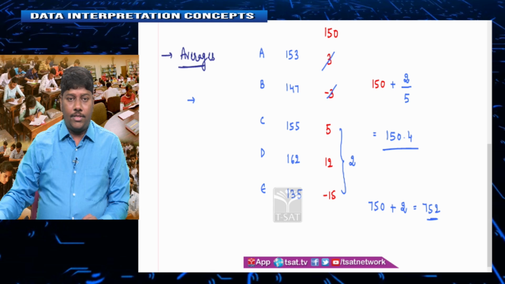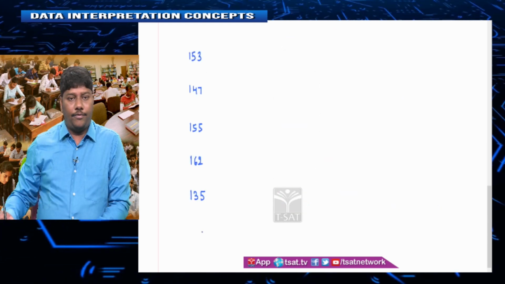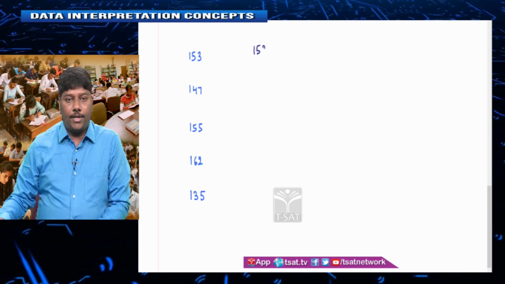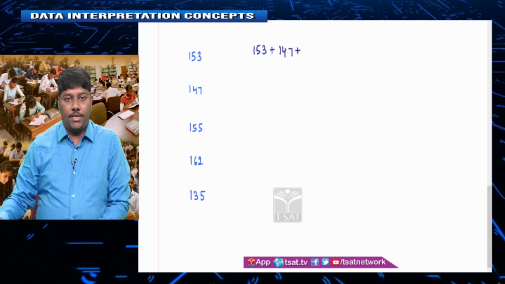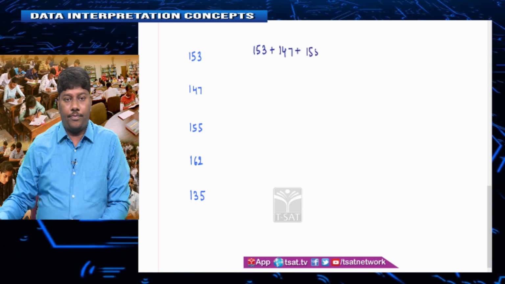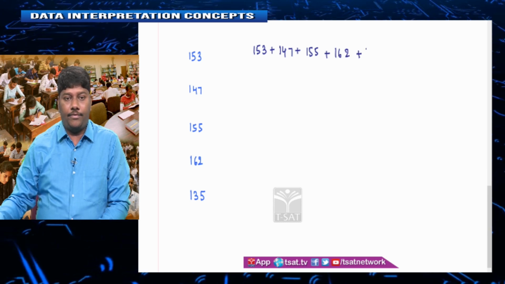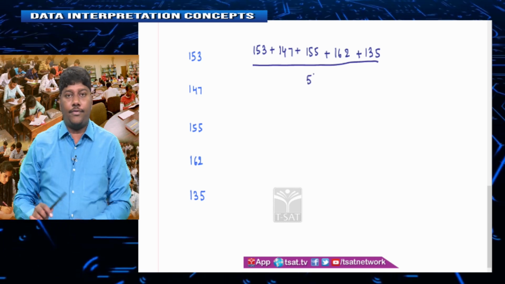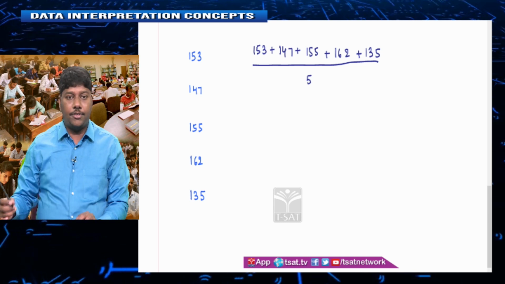Now, what is the reason behind taking all of them? If I ask you the average of all this, how do I write it? I will write it as 153 plus 147 plus 155 plus 162 plus 135 divided by 5, because we know the average of certain observations is equal to the sum of observations by the number of observations.